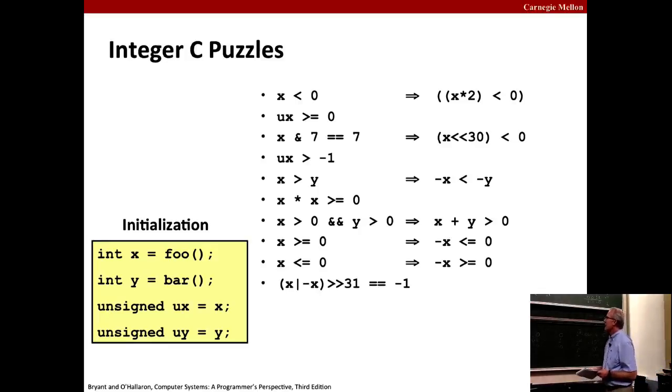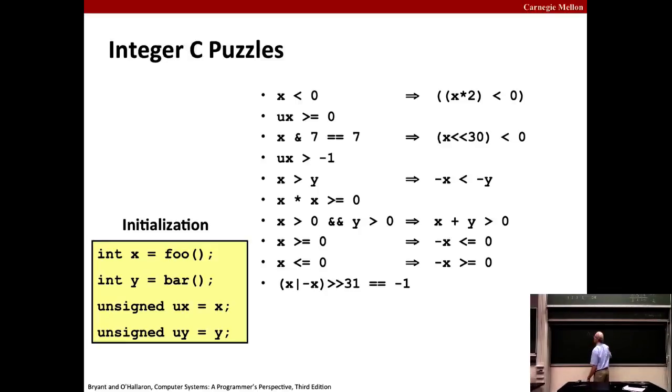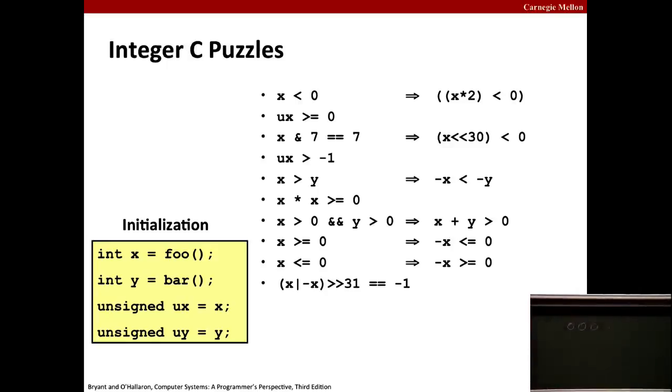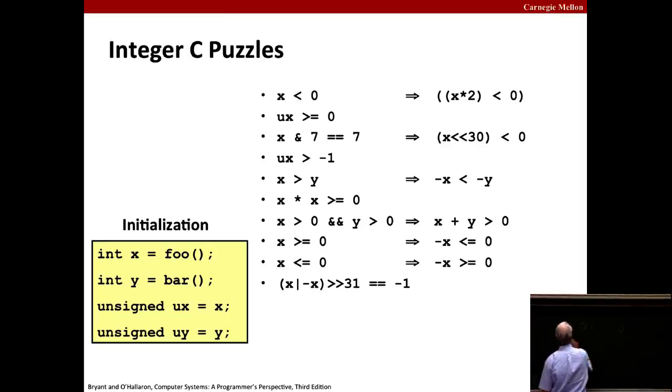If I take x and I look at minus x and I shift them to the right by 31, am I going to get all 1s? This is a really weird statement. So it actually kind of works, right? If I take all 0s, and I subtract 1, I'll get minus 1.